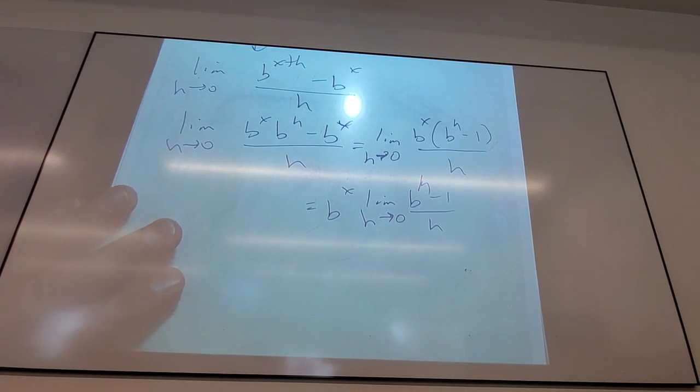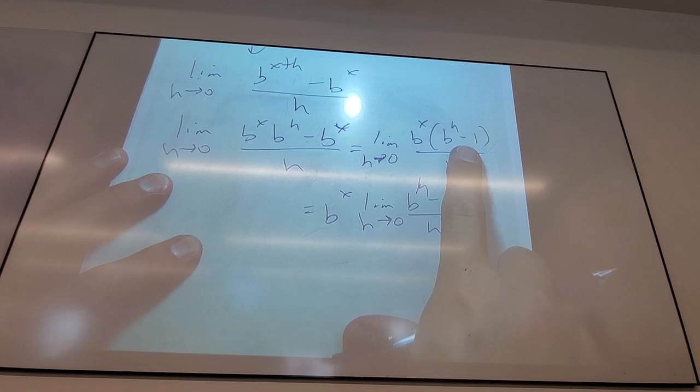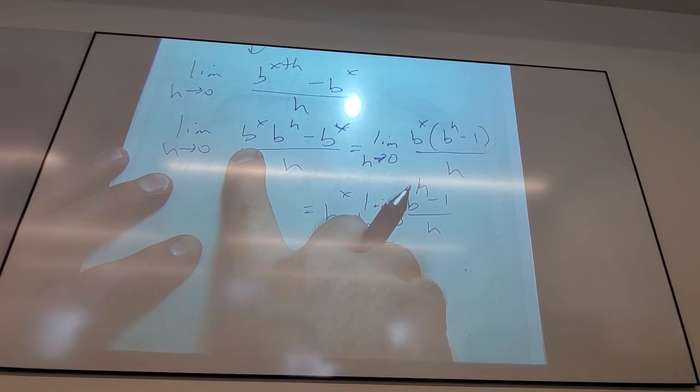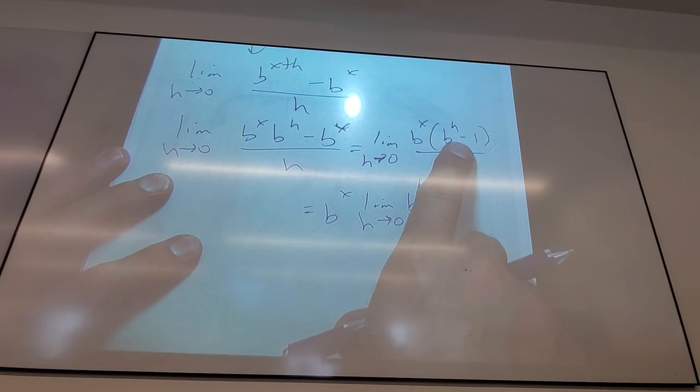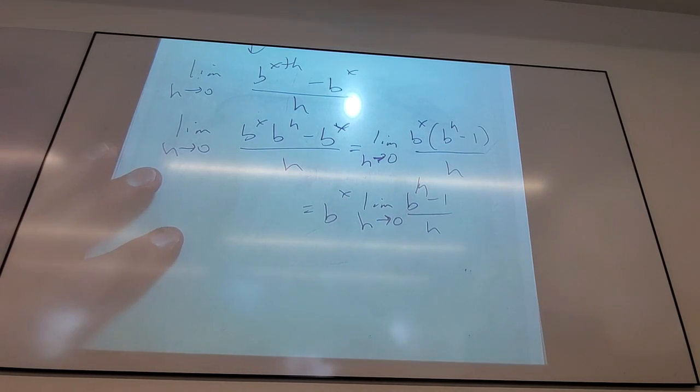Where'd you get the negative one in the step before? Here, when I take a b to the x out, b to the h is there. What's b to the x divided by b to the x? One, so negative one. Why is there not another one there?